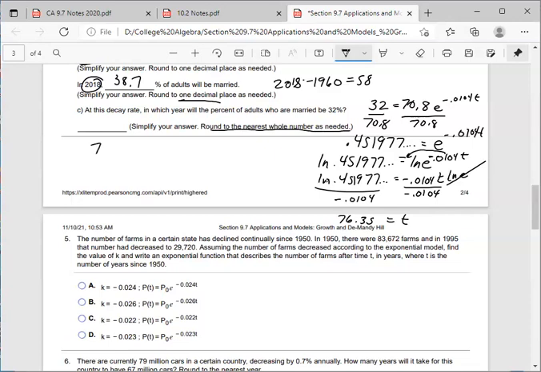Okay, so I'm getting 76.35. That's not the answer. We do know on our graphing calculator it was between 76 and 77. But this number means how many years have gone by since 1960. Okay, so you're going to have to go, well, what is 1960 plus 76? That's how you get 2036.